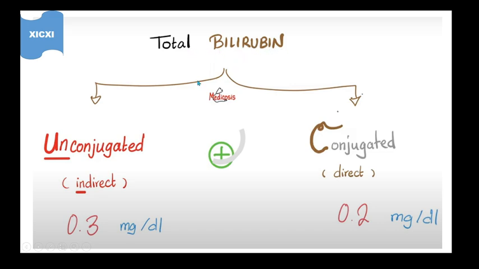Total bilirubin is made up of unconjugated and conjugated bilirubin, so the total is 0.5. So total bilirubin equals unconjugated bilirubin plus conjugated bilirubin, and having the total and one of them, we can easily find the other.